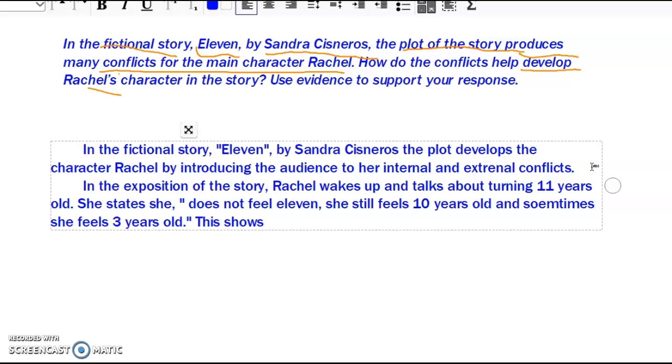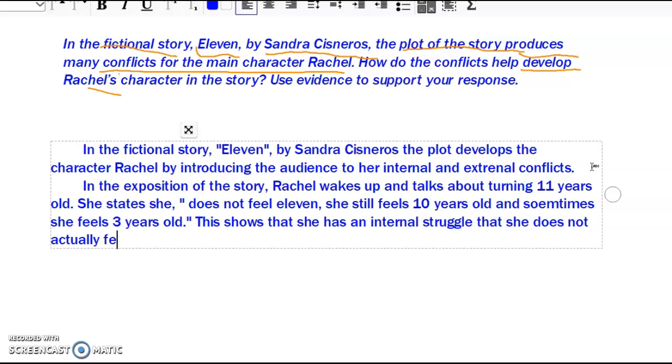Then we need to explain this. This shows that she has an internal struggle, that she does not actually feel 11 years old and, we can make this inference, she is not exactly excited for her birthday, right? She kind of wakes up and she's mopey. She's in a little bit of a mood. She is 11, but she doesn't feel 11, and she talks about that. She actually feels younger than 11. She still feels 10, okay? So we can assume that she is not exactly excited for her birthday.